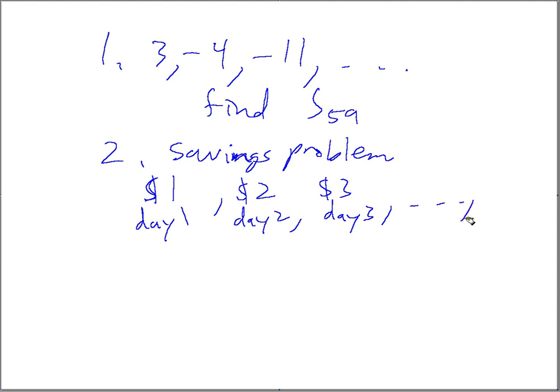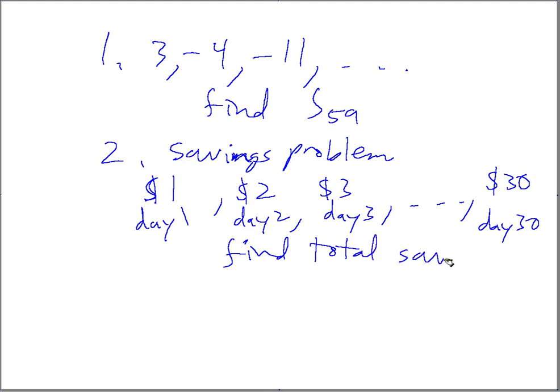So on day 30, basically for 1 month, right? On the 30th day we save $30, right? So let's go ahead and find the total savings for the 30 days.